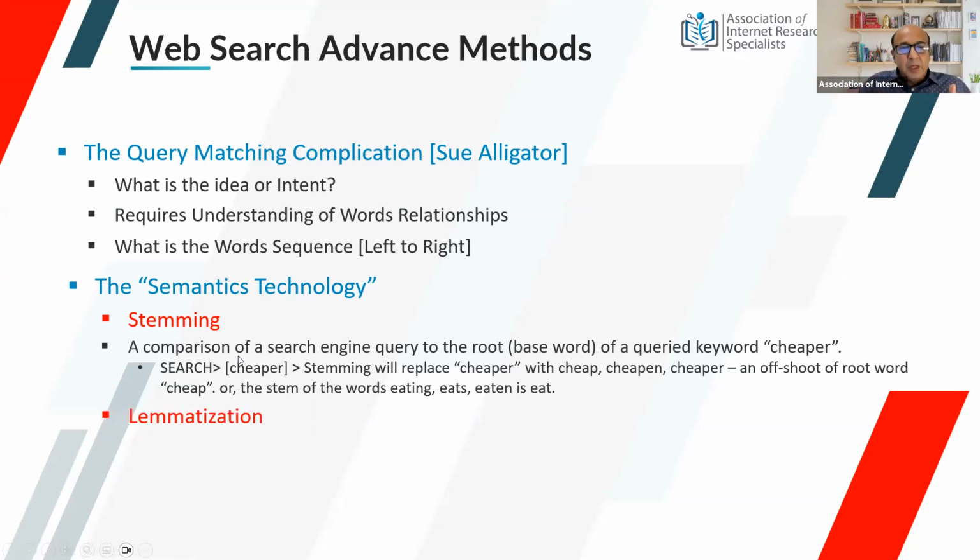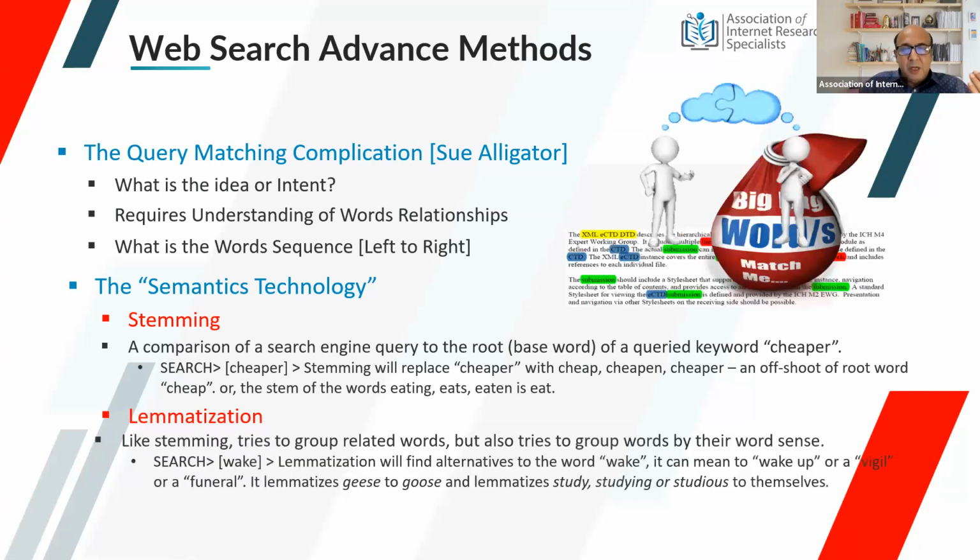Then there is another process called lemmatization, which means now it is also able to substitute the words or find something which, without changing the meaning or the sense of how you are expressing your idea or how you're phrasing your search terms, it would understand the meaning behind it, or by replacing it with a better word or other words that are commonly searched along with the idea that you're expressing, so that the search is able to bring something back and not come empty handed. It is going to do a lemmatization process.